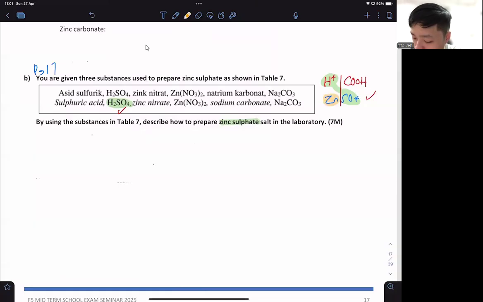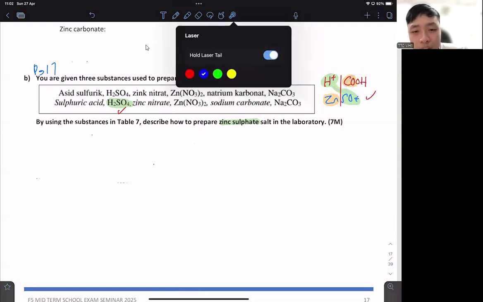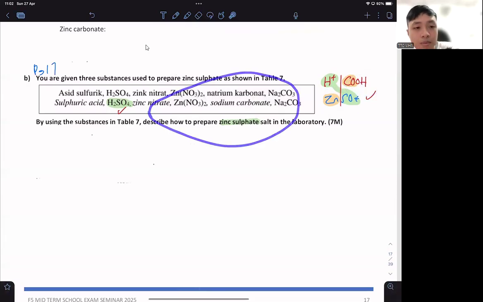Zinc carbonate. Notice either it can be zinc solid, zinc carbonate, zinc oxide, or zinc hydroxide. Do I have any of this? No, I don't have any of this.